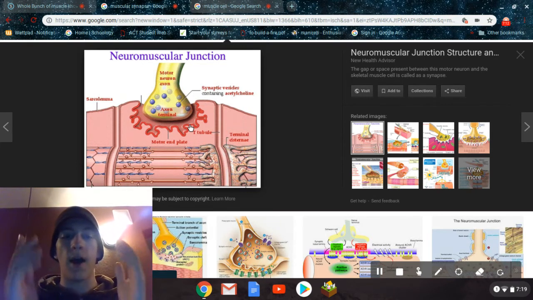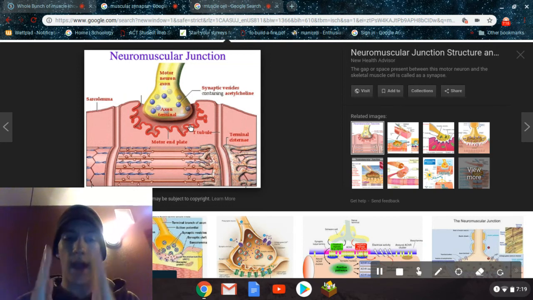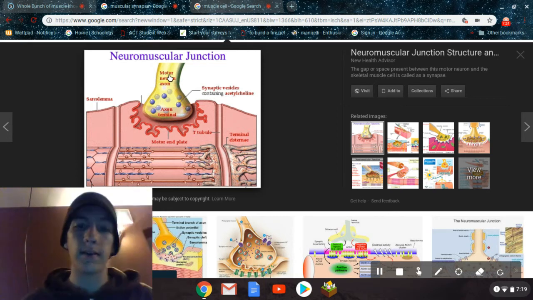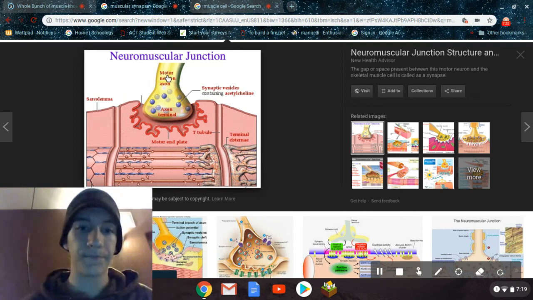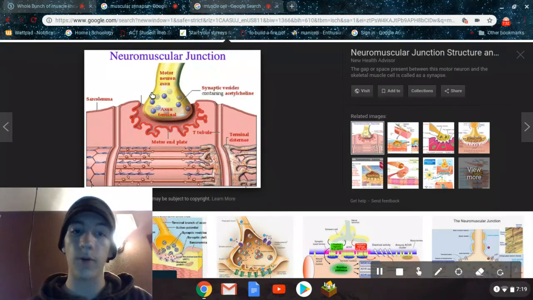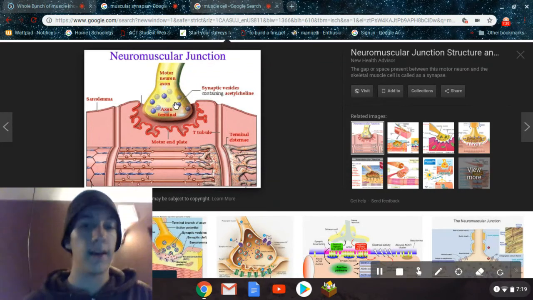They are tiny, or relatively tiny, molecules that are in this axon terminal, or the terminal button, or the axon button, whatever you want to call it.